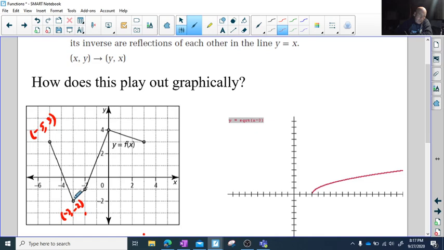Which ones have I done? That one went there. This one, which is at -2 and -1, would be at -1 and -2. That one would be there. This one, which is at 0, 4, would end up at 4, 0.